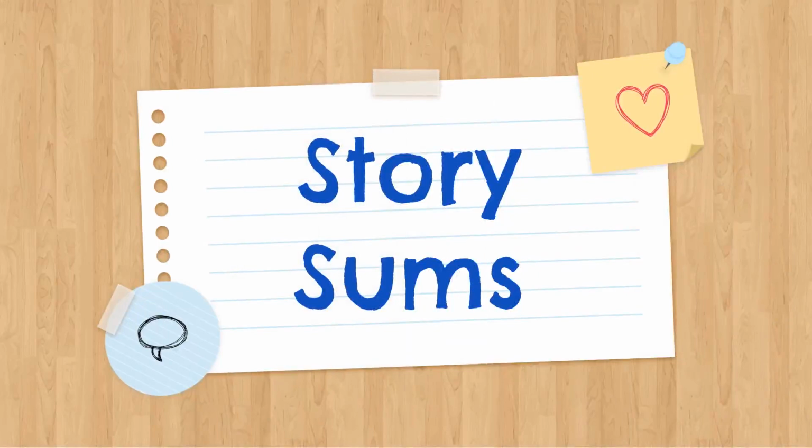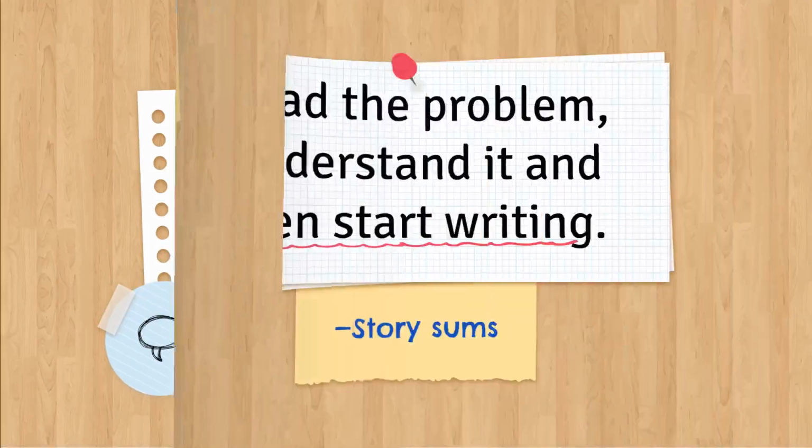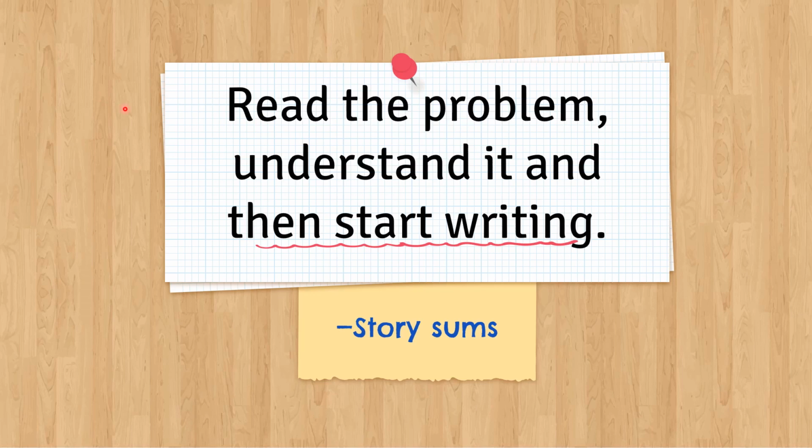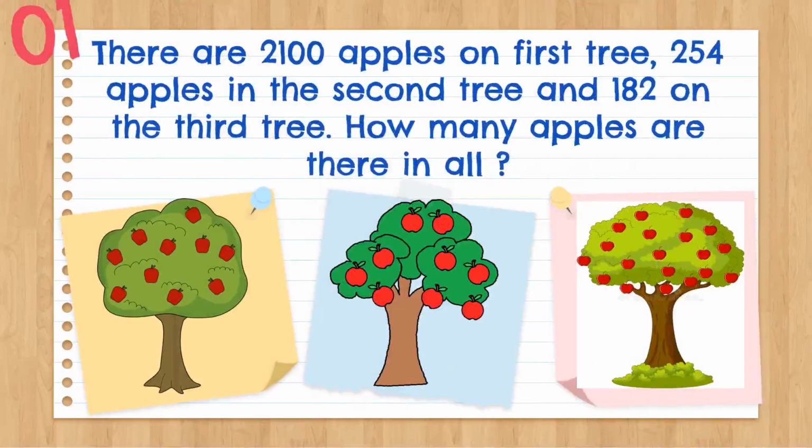Now story sums. To solve story sums, first read the problem, understand it, and then start writing. See this example. There are 2100 apples on the first tree, 254 apples on the second tree, and 182 on the third tree.